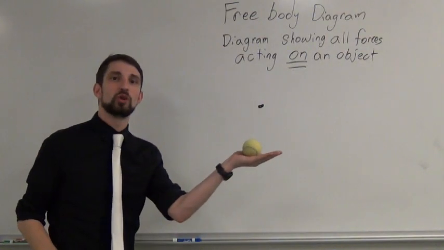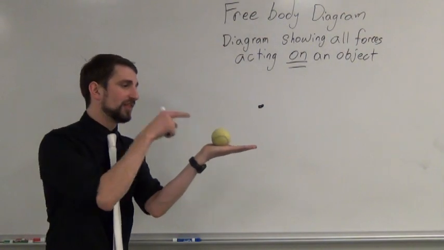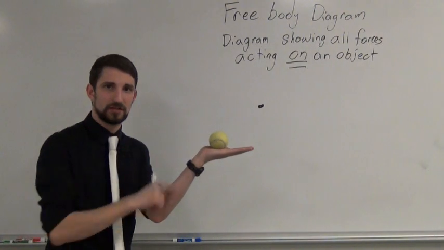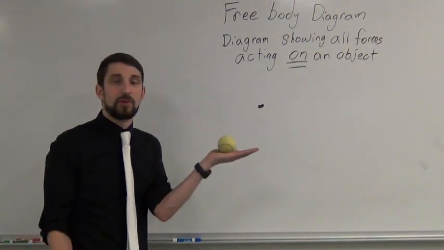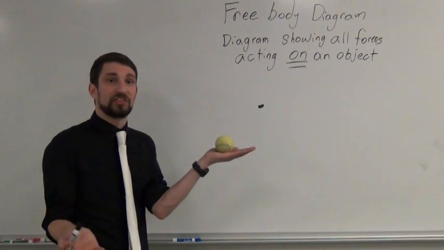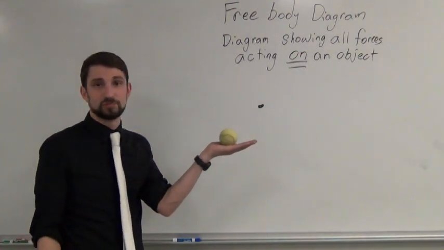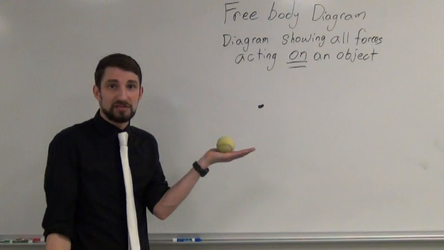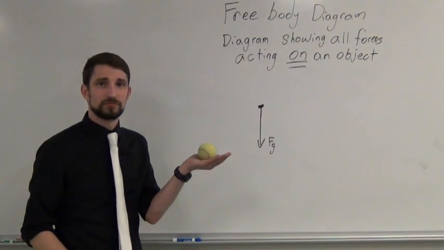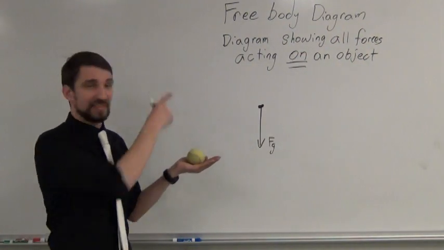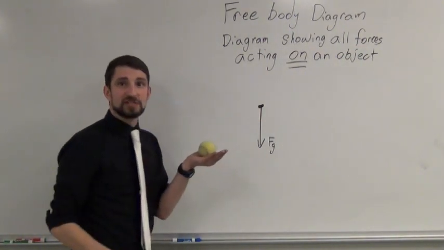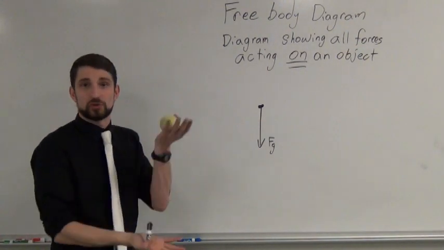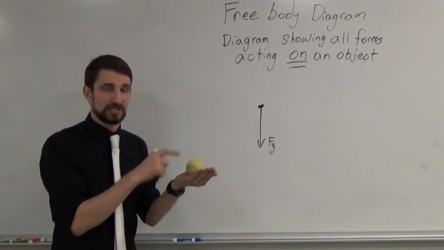So if I wanted to look at the forces acting on this tennis ball at this point, I can draw arrows representing the force. Probably the most common force that you could think of that's acting on the ball is gravity. And we know that gravity points down. So here in the FBD, I show that the force of gravity is pointing straight down. It has some sort of length, some sort of force acting on it.